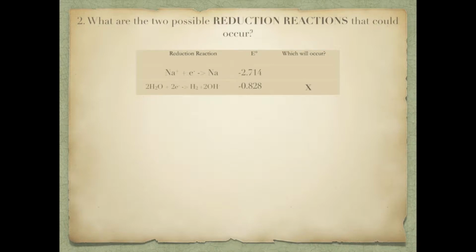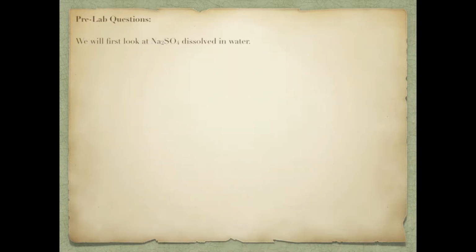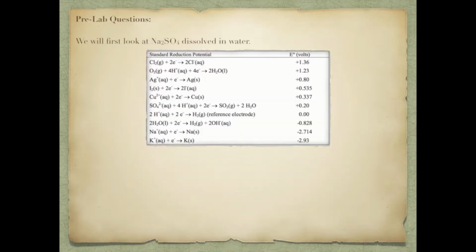Okay? So we're going to do the exact same thing, but now for oxidation. All right? So one potential oxidation reaction is going to be water. If you look at your reduction reactions that are given on that table, and I'm actually going to have us go back and look at that right now, because this is going to be an oxidation reaction, I'm going to have to flip any of these reactions that I want.